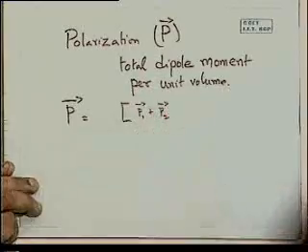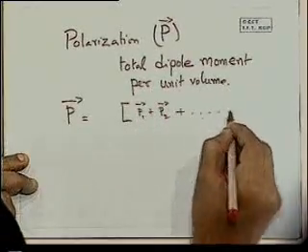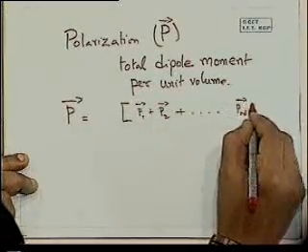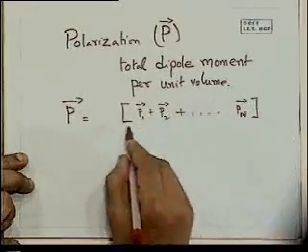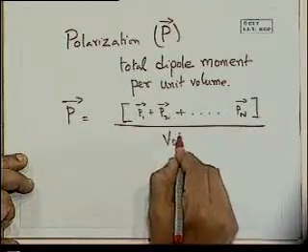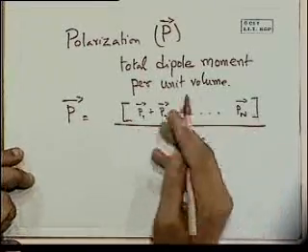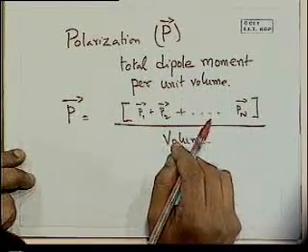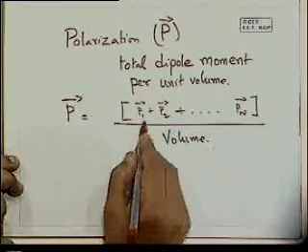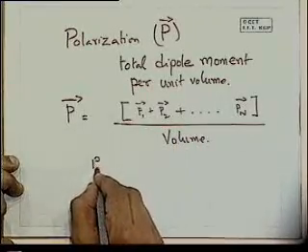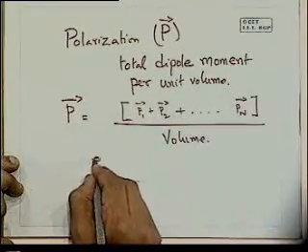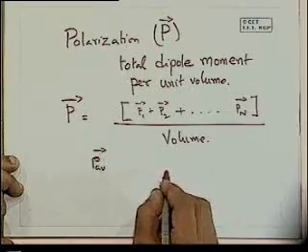So many dipoles were there. n dipoles, let's say, per unit volume, by the volume of the material, where p1, p2, p3 are the dipole moments of each of the individual dipoles within there. Let us say that each of them has some average dipole moment, p average.